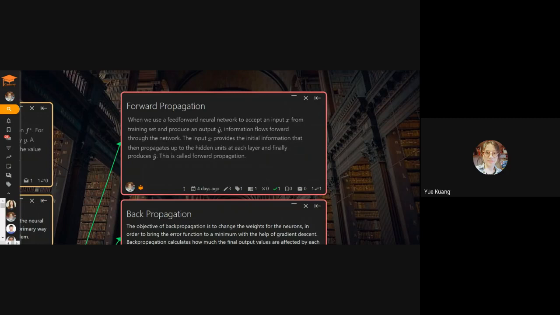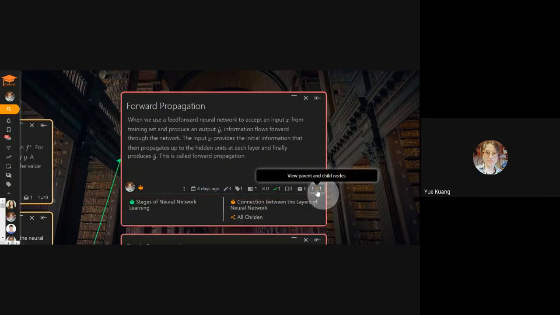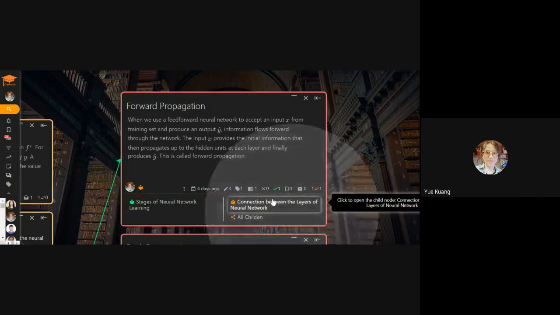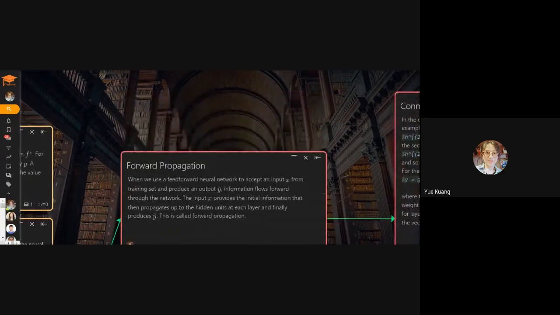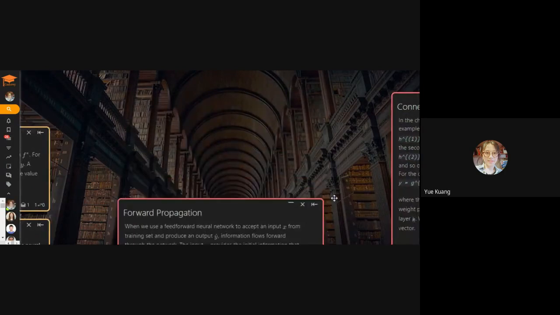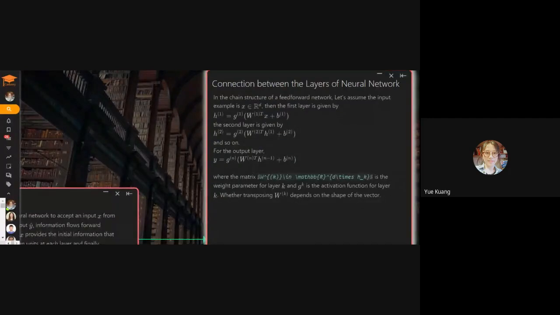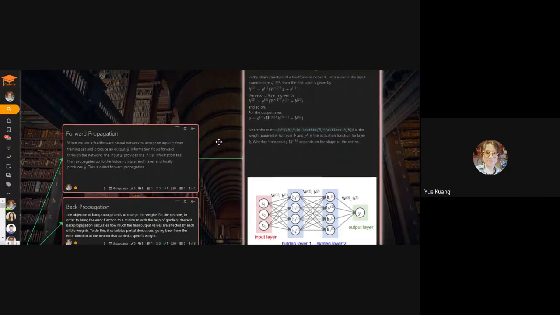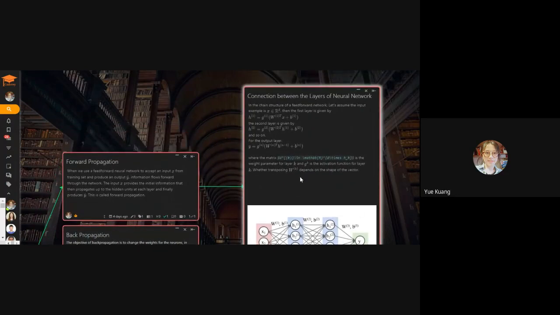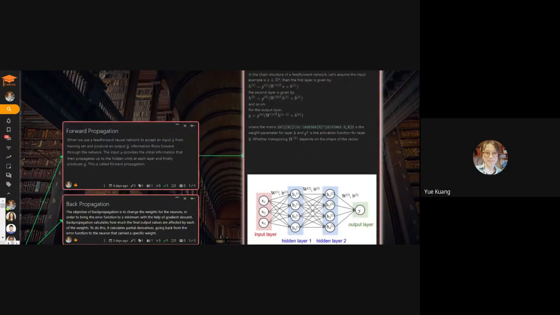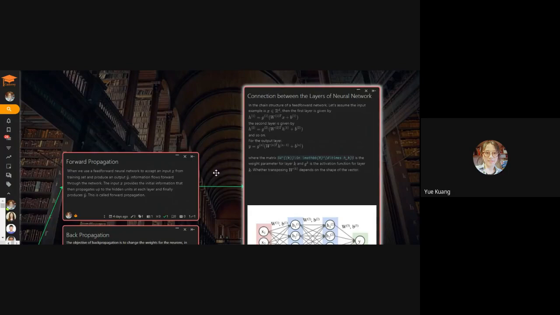This is called forward propagation. We have already covered this part before, and it is exactly the same thing as we have introduced in this note here. So we will move on to the next step.